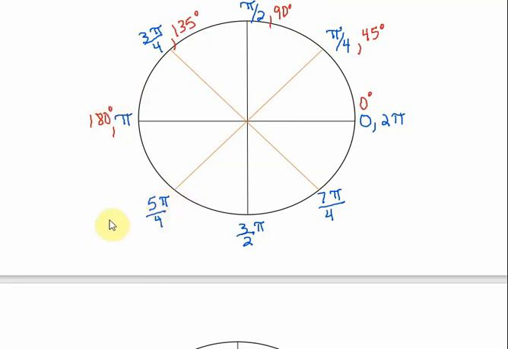This right here would be 225 degrees. This is 270. In this spot, it would be 315, and then all the way around is 360 degrees. So that would be our unit circle broken up into 8 sections.